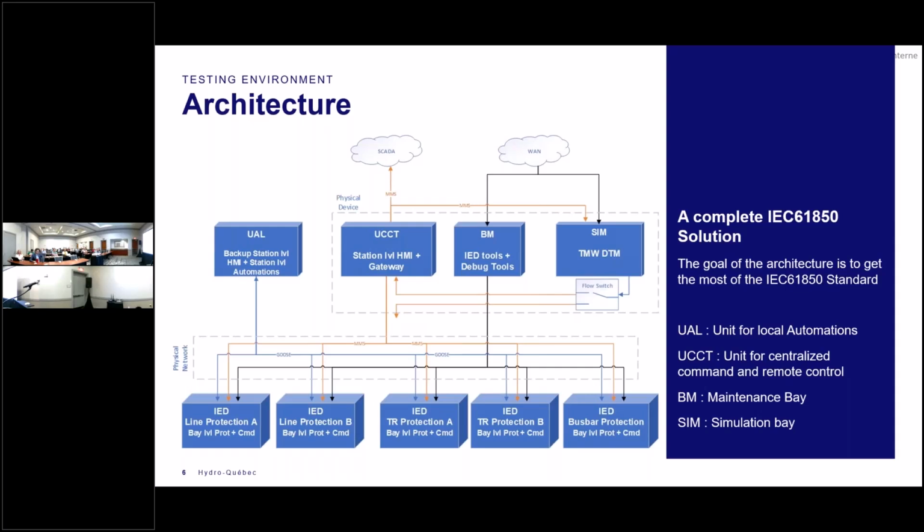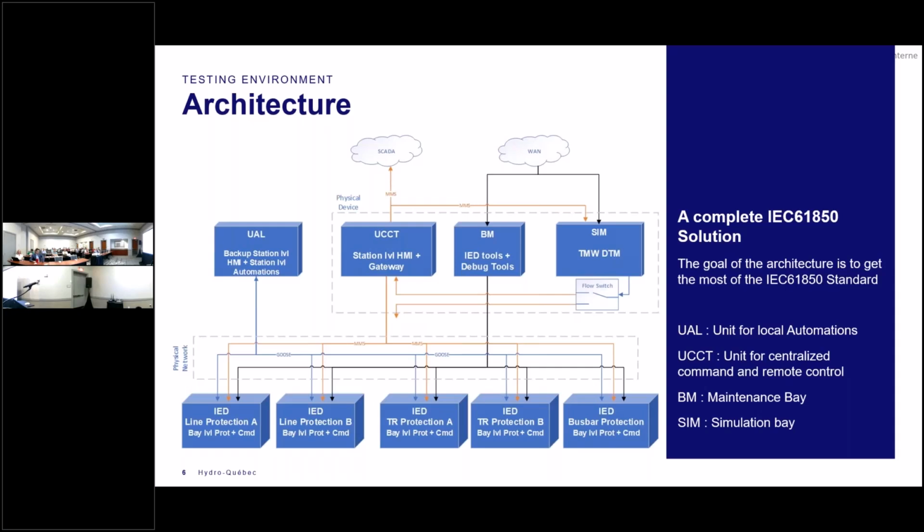For our station network, following some design changes, we separated the local unit for local automations, which we call the UAL, in order to have the local automations, but its catalog of functions grew over time, and we included the backup station HMI in there as well.